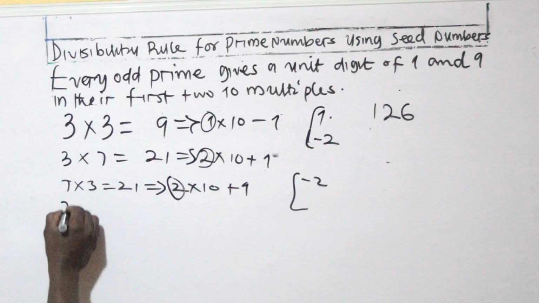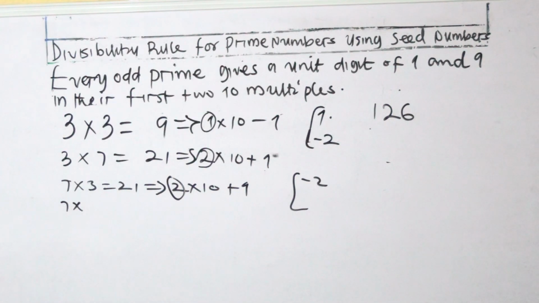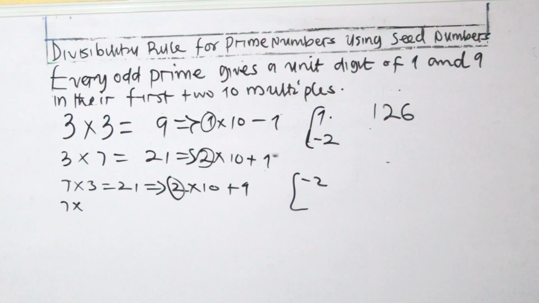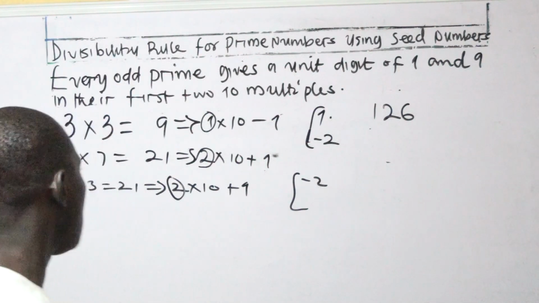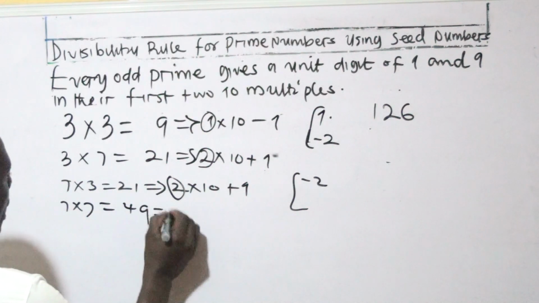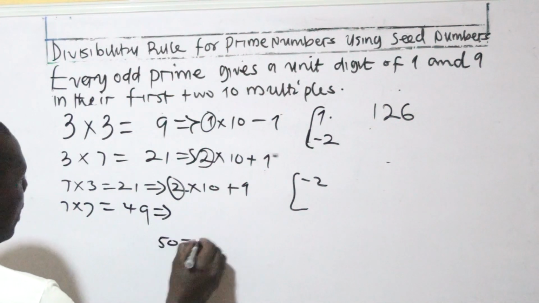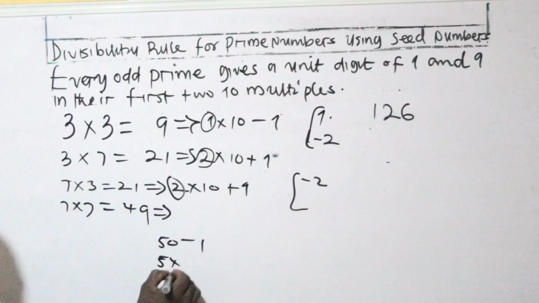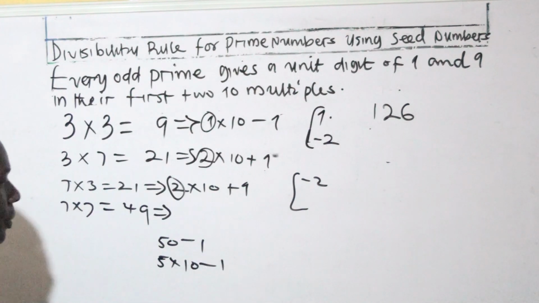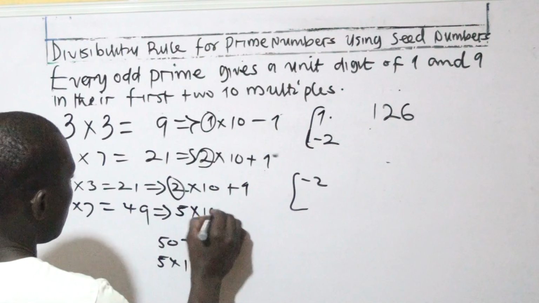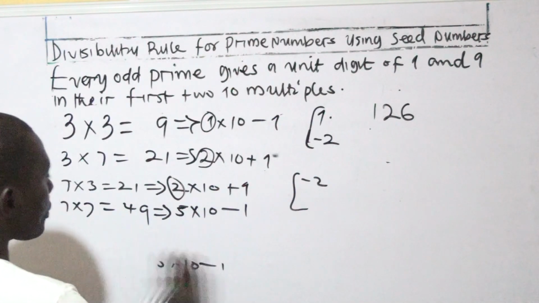Now let's look at when the unit digit will end with 7. 7 times what, so that the unit digit will end with 7? That is 7. So that will give us 49. And you know 49 is like 50 minus 1, so we can express it as 5 times 10 minus 1.